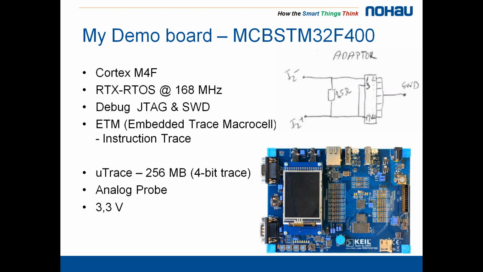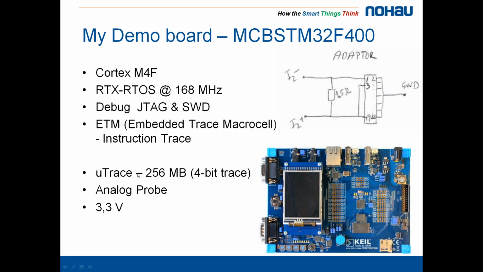So if you have a Cortex A and you would like to do the same measurements, then you need to use the PTM, the Program Trace Macrocell, and that will provide you with instruction trace. If you're using PowerPC, then the hardware block is called Nexus. So different name, but they will provide you with instruction trace.